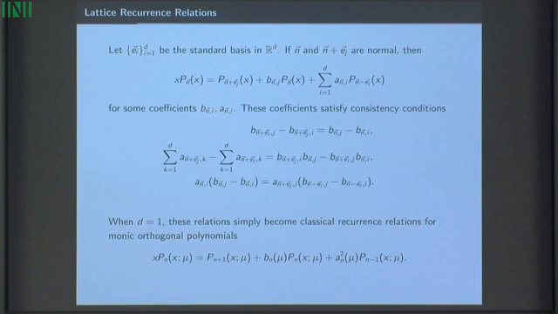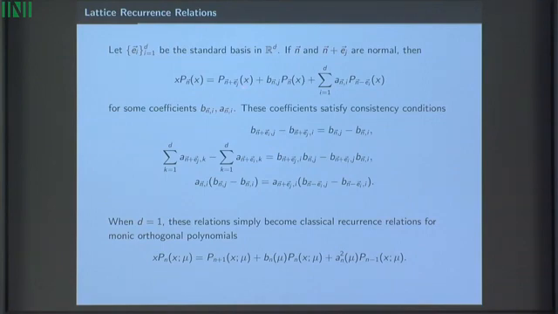So that means the coefficients a_{n,i} and b_{n,i} in the recurrence relation cannot be absolutely arbitrary. They need to be consistent, and they must satisfy certain relations, and these relations are here on the board. Well, they are what they are. These consistency conditions make sure that if you start building your polynomials out of the marginal cases, you're always going to end up with the same polynomial, no matter which path to that index you take.